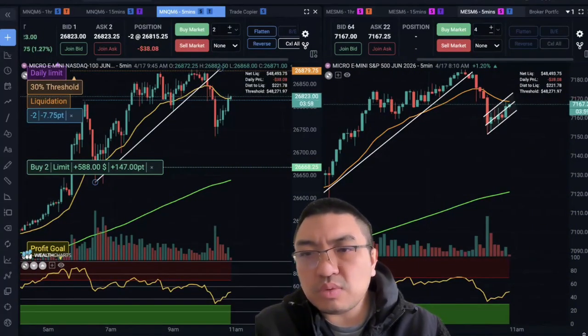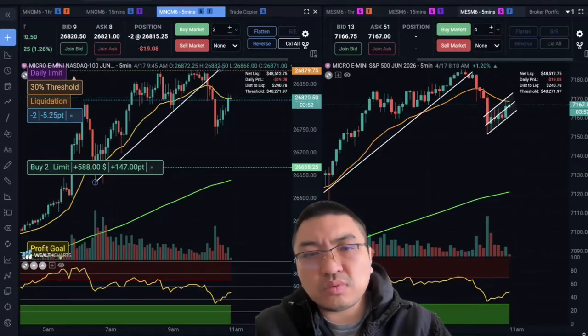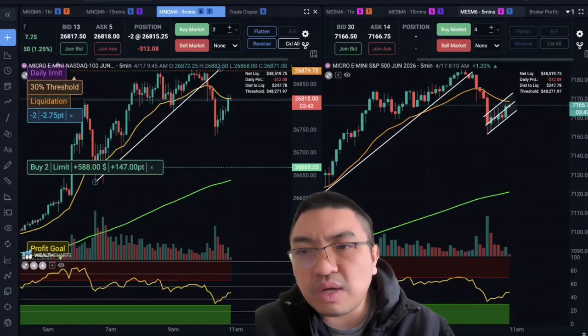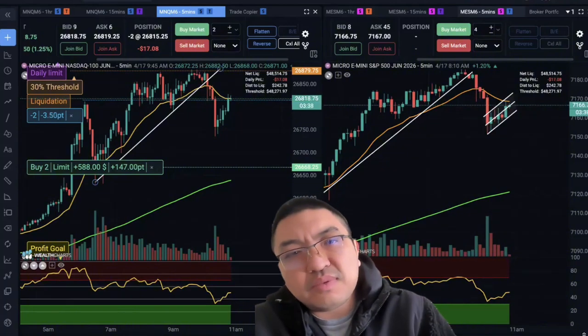Okay, let's see EMA 21, if it has an effective rejection. Now we can see this new candle cannot reach the upper bound of the channel this time.